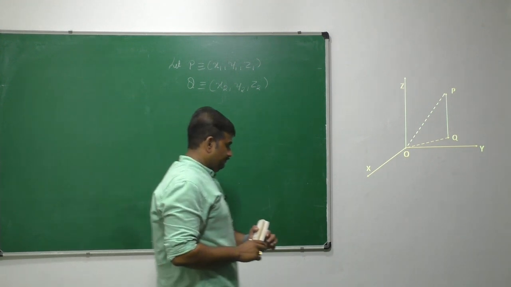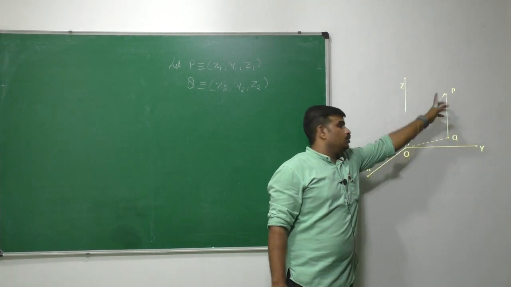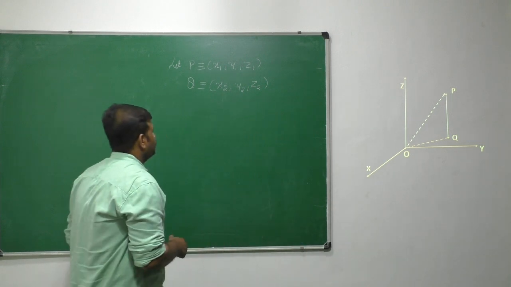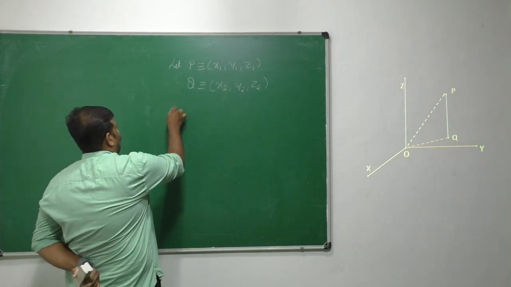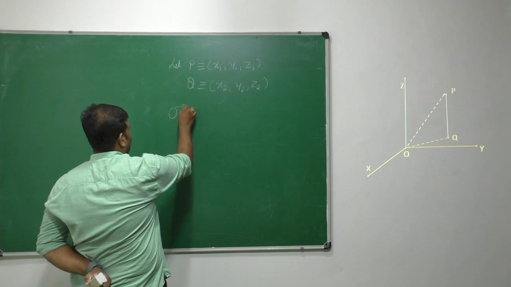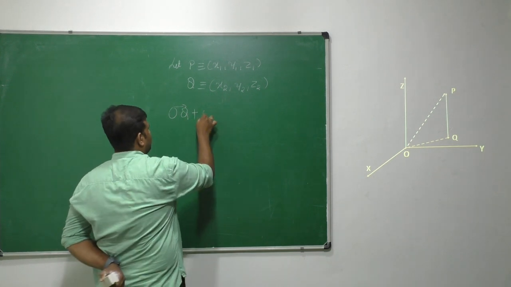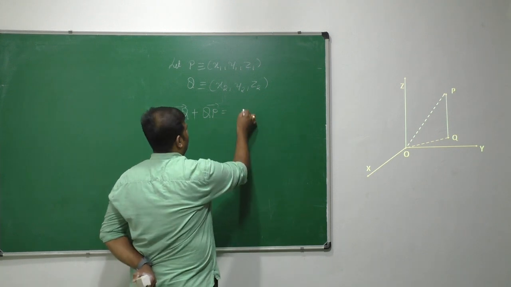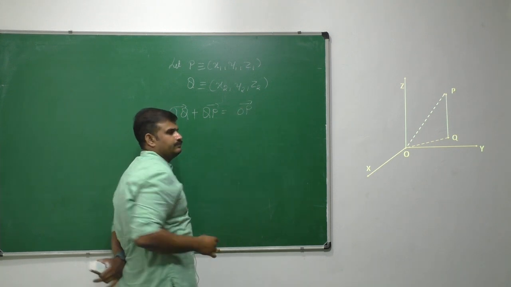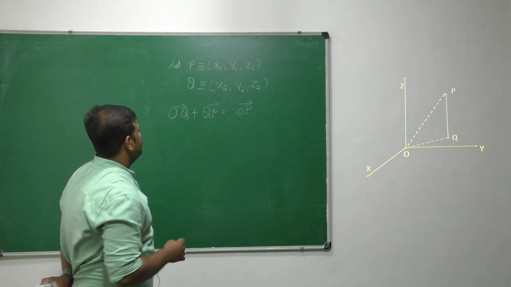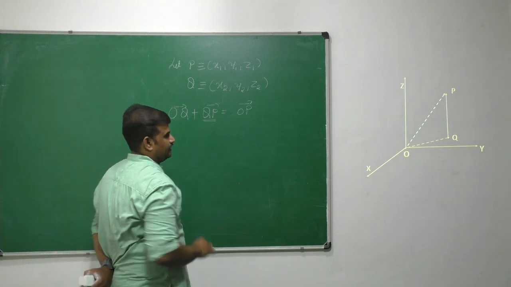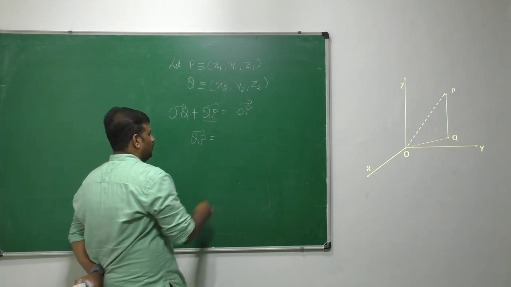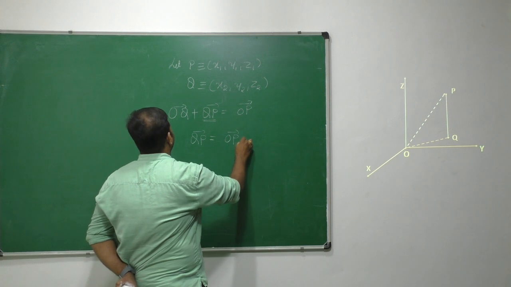So look at the directions: O to Q, Q to P. According to the triangle law of addition, vector OQ plus vector QP is equal to vector OP. So we need just this: vector QP is equal to vector OP minus vector OQ.